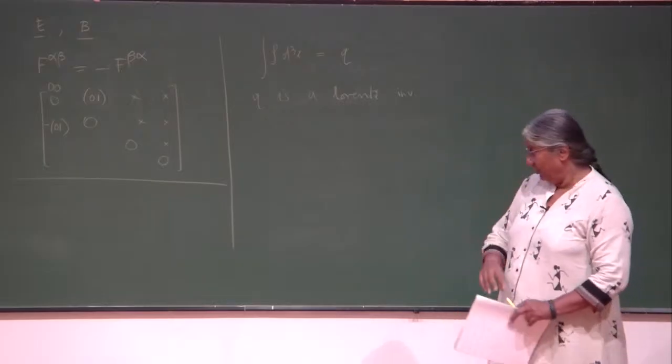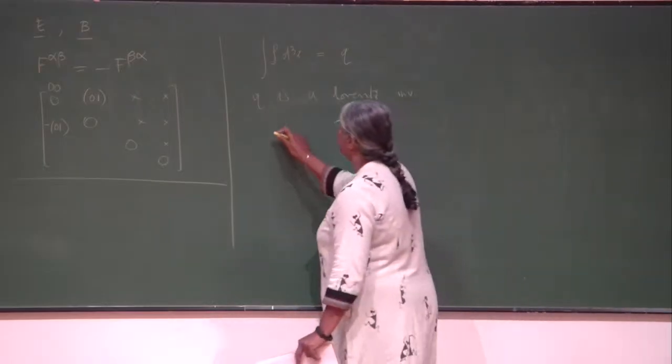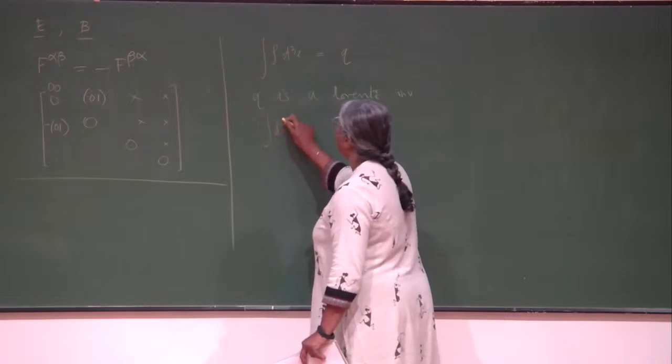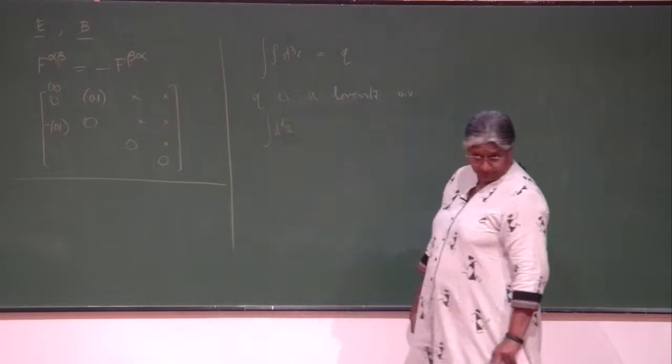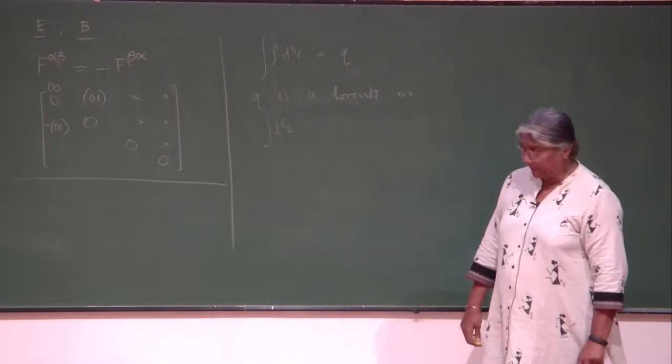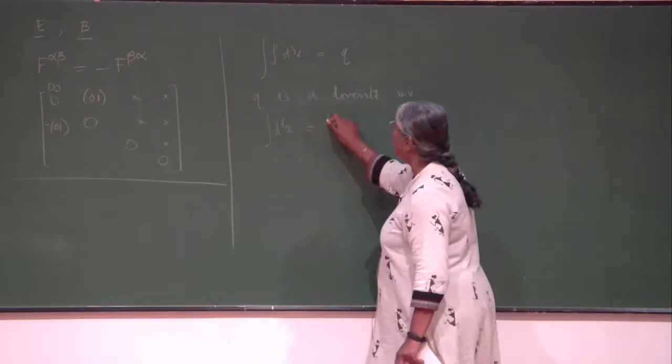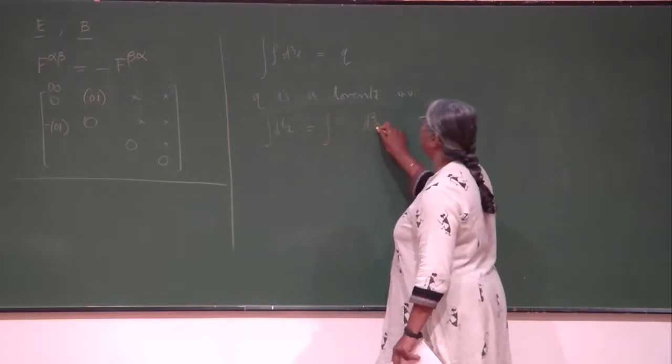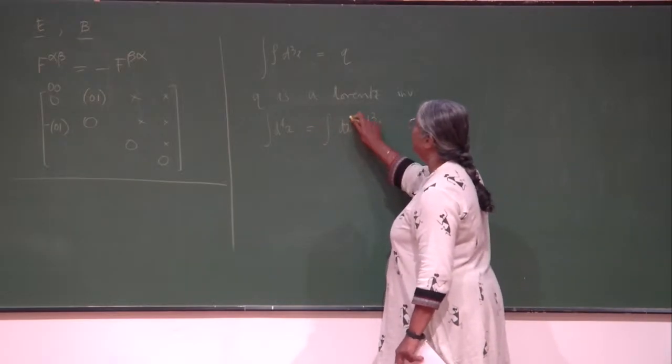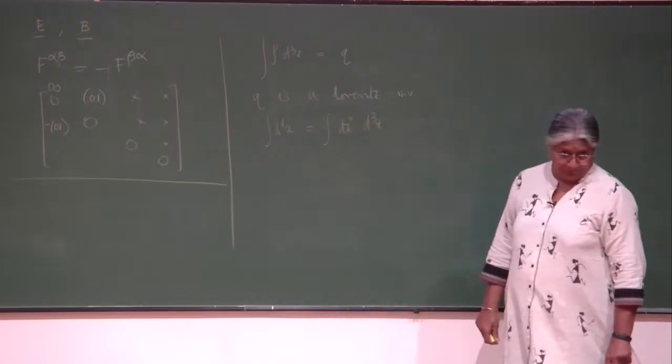But then you see that rho d cubed x looks similar to a 4-dimensional volume of our space time, which I can write as the usual 3-dimensional volume times the volume due to x naught.